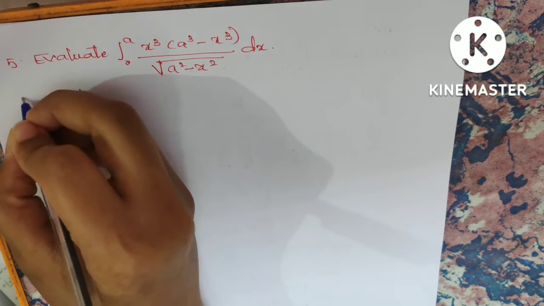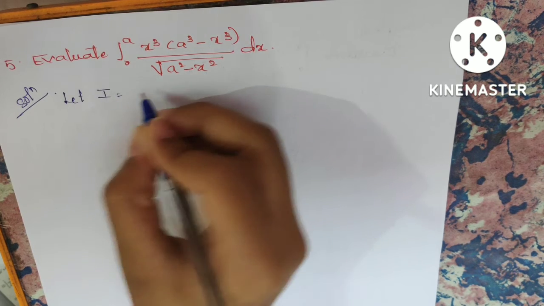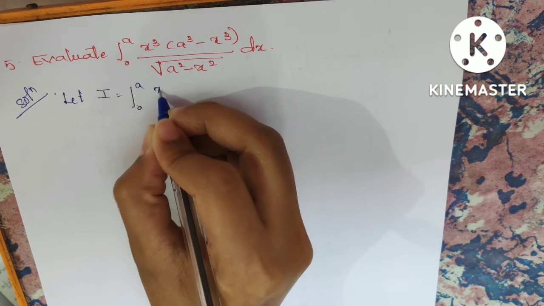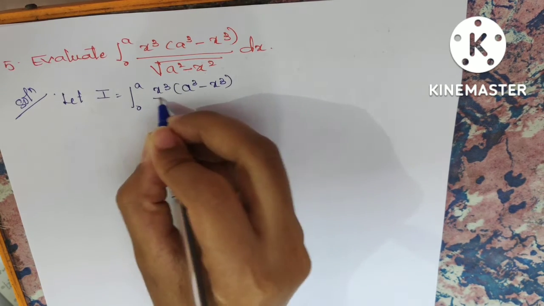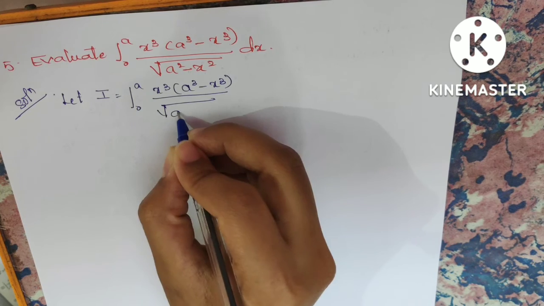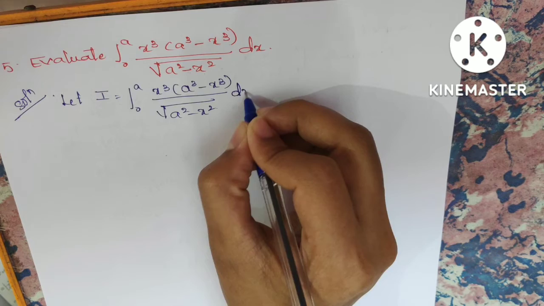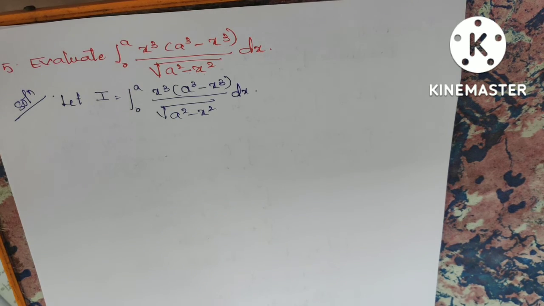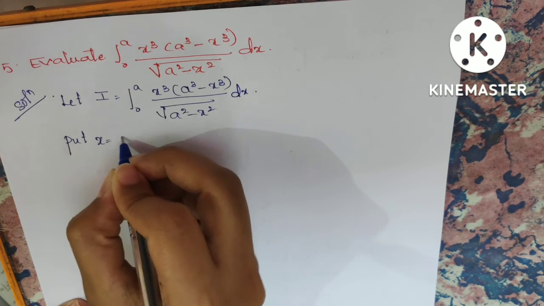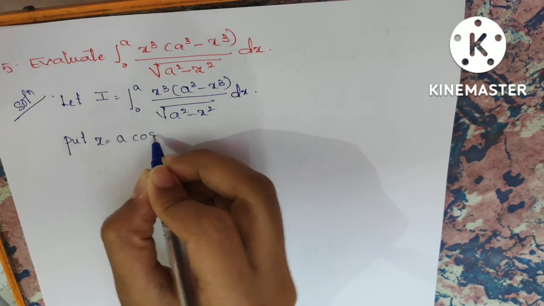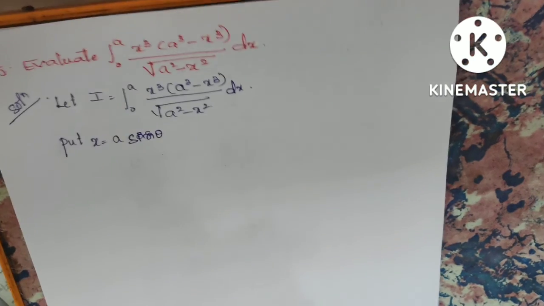Let I equals integration from 0 to a of x cubed into (a cubed minus x cubed) divided by square root of a square minus x square into dx. Now put x equals a sin theta.